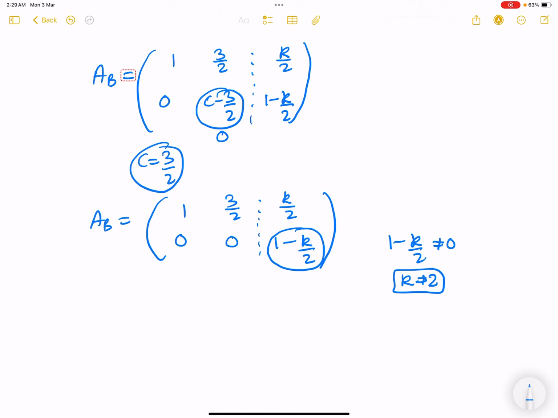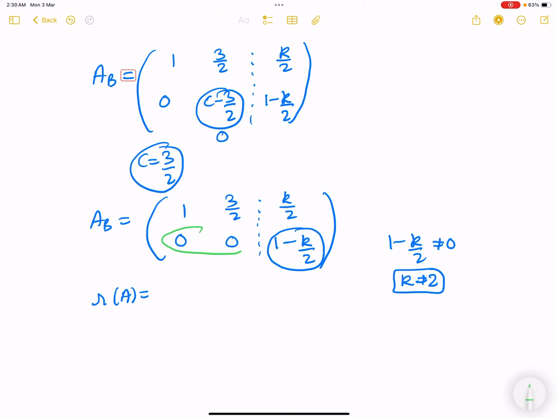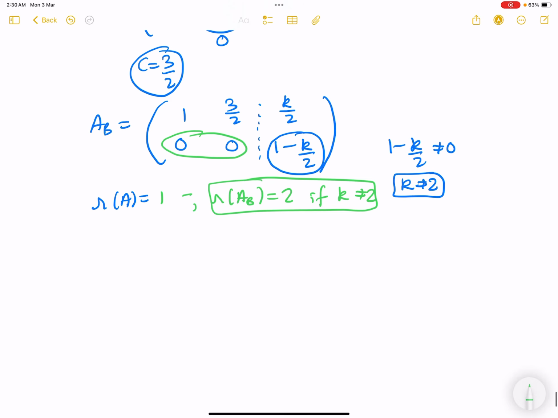If k is not equal to 2, the second row of A is totally 0, so rank of A is 1, whereas rank of A augmented B would be 2. And since these two ranks are not equal, the solution does not exist.